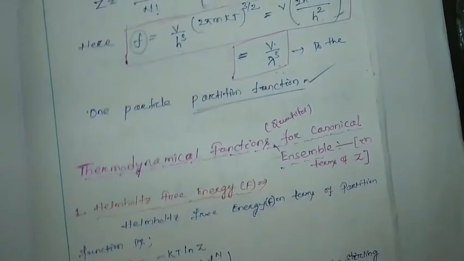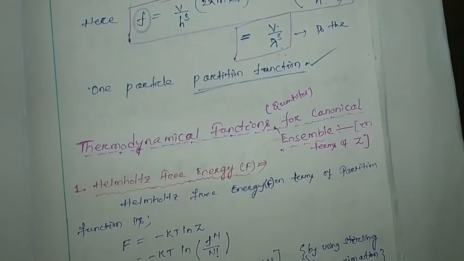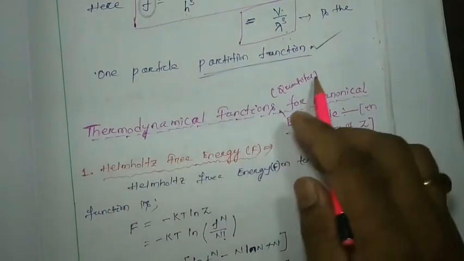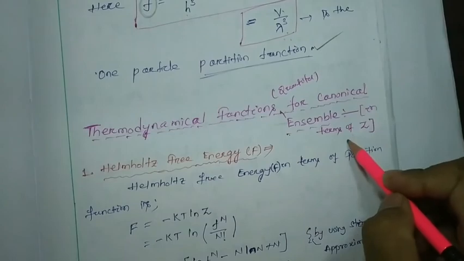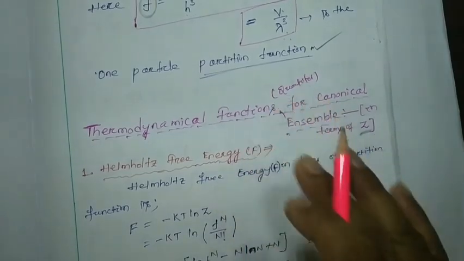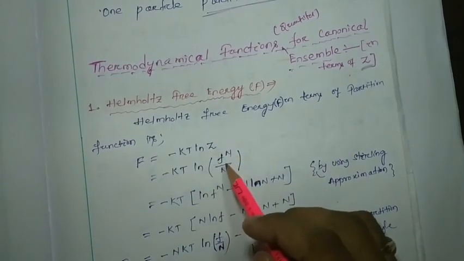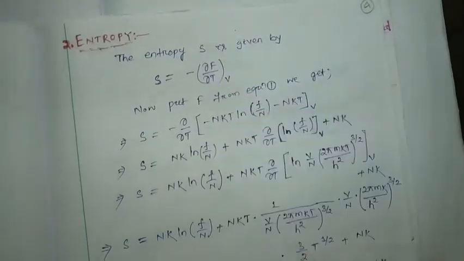So here we have to stop our discussion in today's class. In the next class we are going to discuss thermodynamical functions or quantities for the canonical ensemble in terms of the partition function. You can see Helmholtz free energy in terms of Z, where we have to use f to the n by n factorial, and entropy.